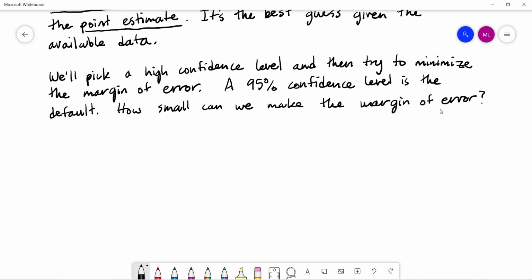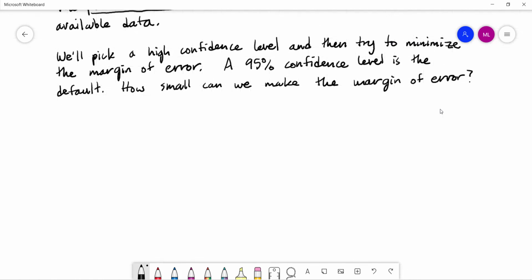So we need to start with the sampling distribution. Recall the central limit theorem, which I will write down here because you probably don't recall it.